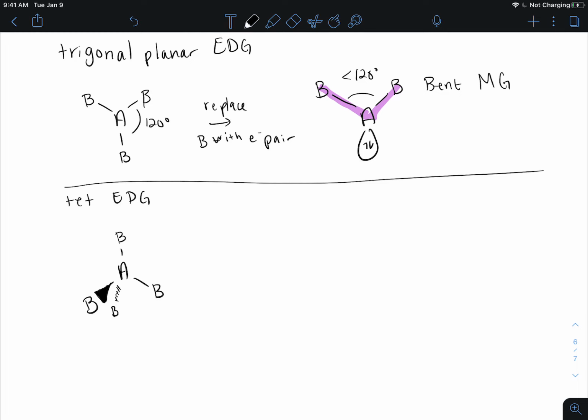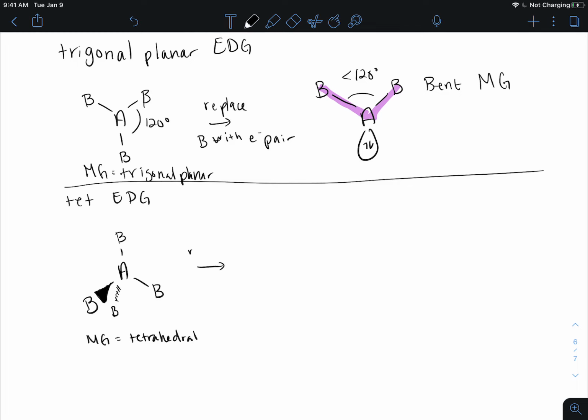So here, our molecular geometry is equal to tetrahedral. Same up here, our molecular geometry is equal to trigonal planar. In structures where we have no electron pairs, the molecular geometry and the electron domain geometry will be the same.